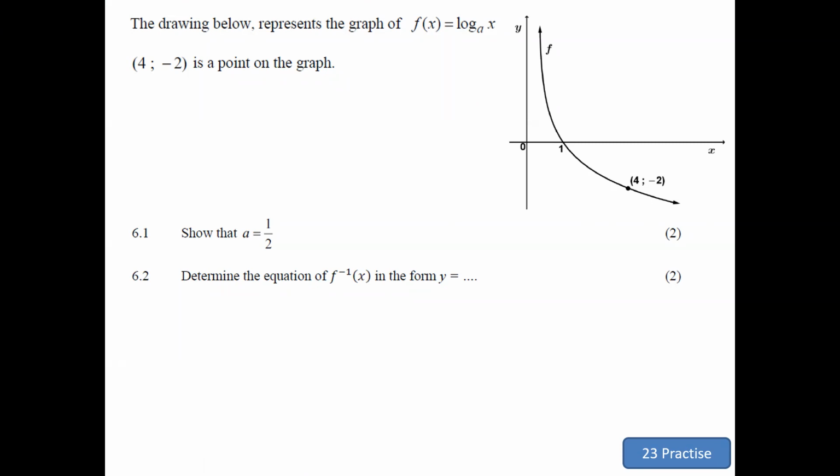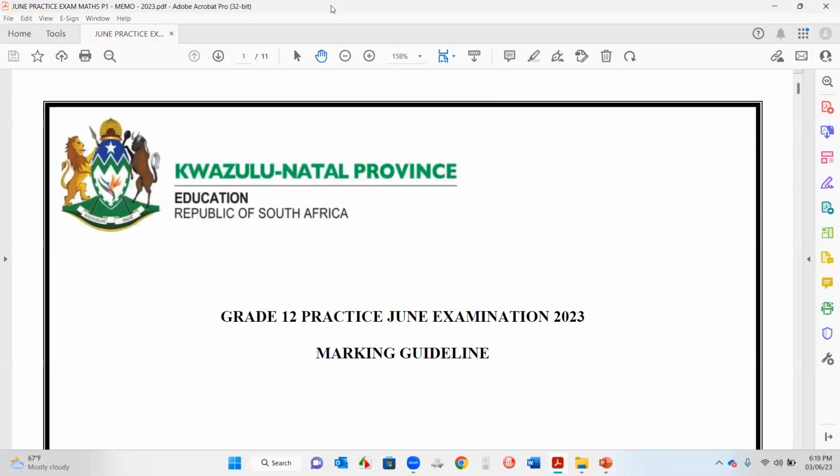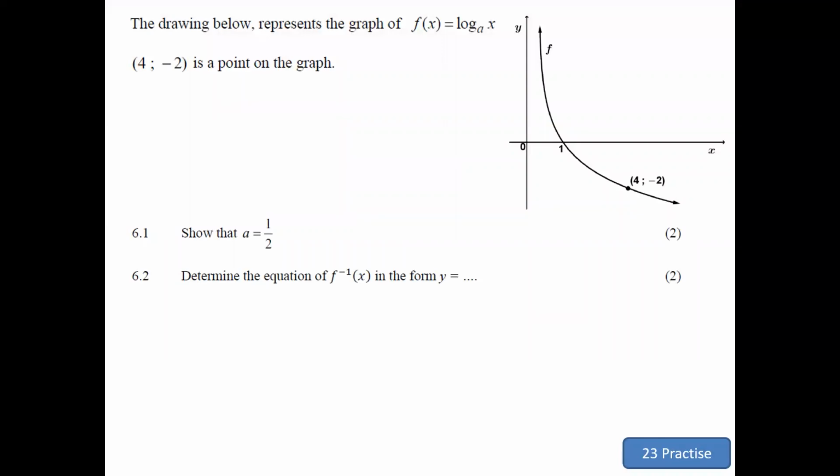Let me know when the first person is done. Anyone's got an answer for the first 6.1?